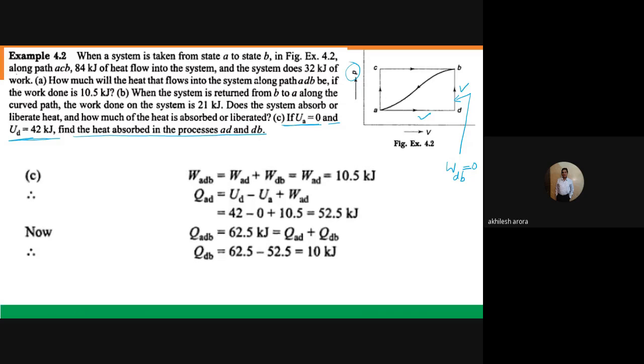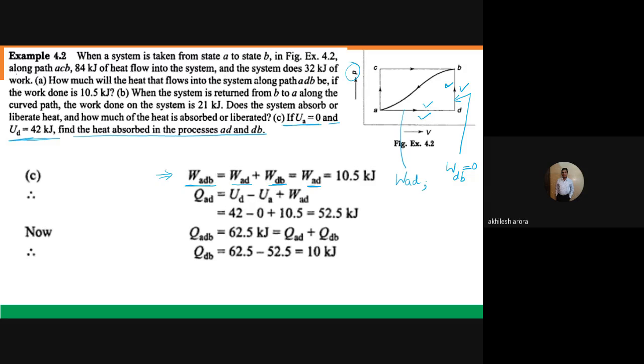This value is 0, and this is basically WAD. Now, when I calculate WADB, for this particular process plus this particular process, it should be equal to WAD plus WDB, but that is equal to WAD only.